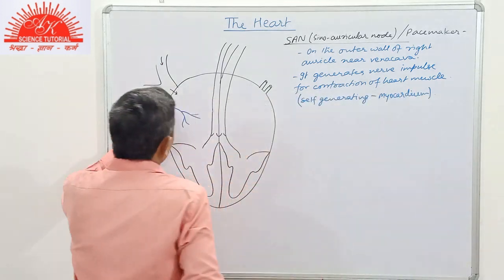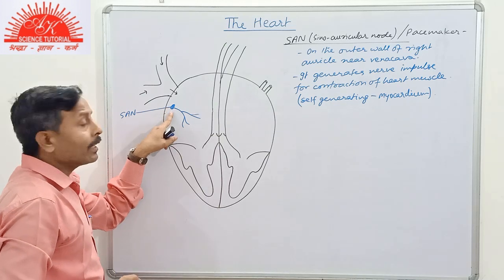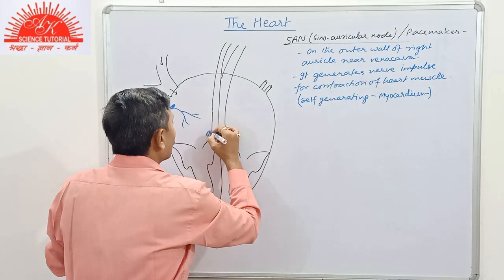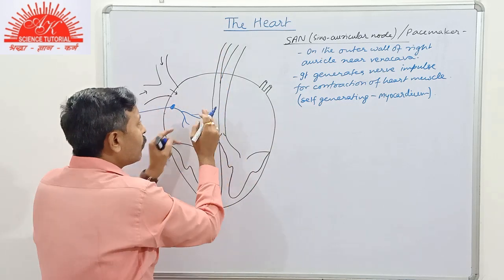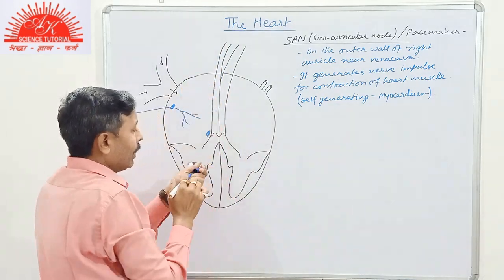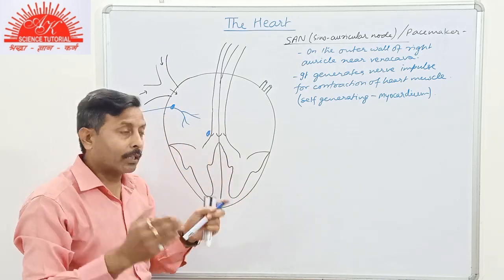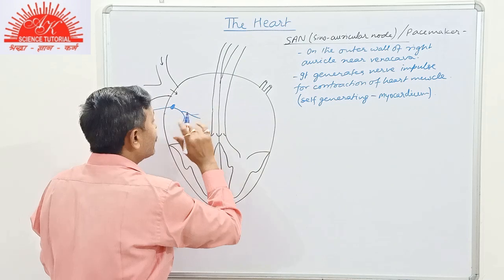Now the nerve impulse generated by the SAN is received by another structure which is located at the bottom of interauricular septum, that is the wall separating the two chambers of the auricles on the right side.